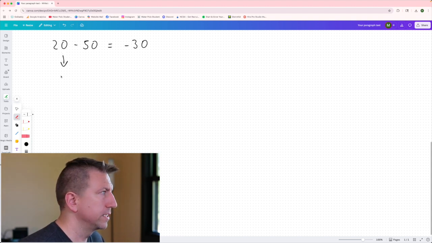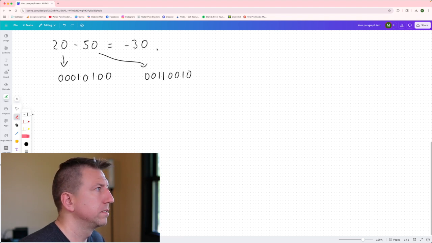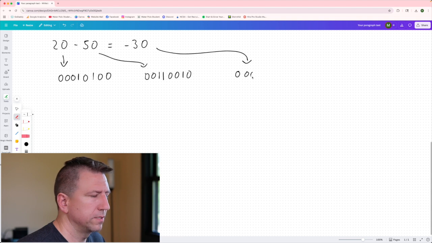This is 0, 0, 0, 1, 0, 1, 0, 0. That's 20. 50 is 0, 0, 1, 1, 0, 0, 1, 0. And 30 is 0, 0, 0, 1, 1, 1, 1, 0.